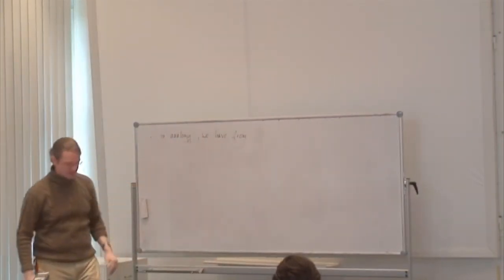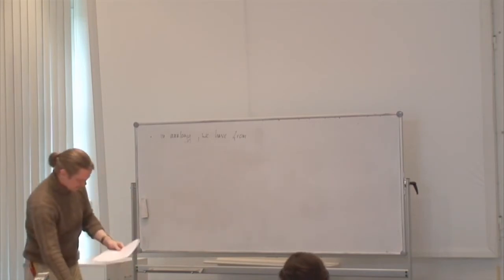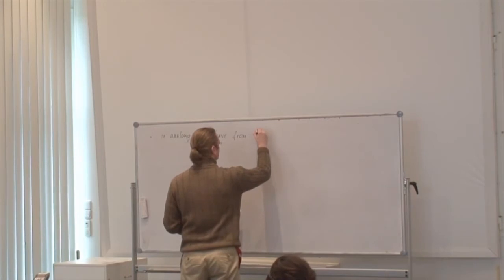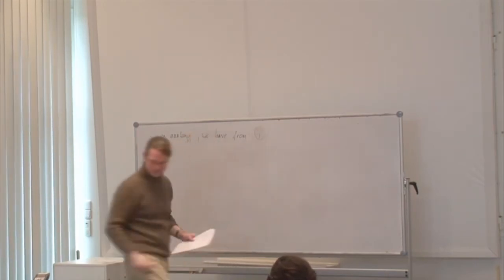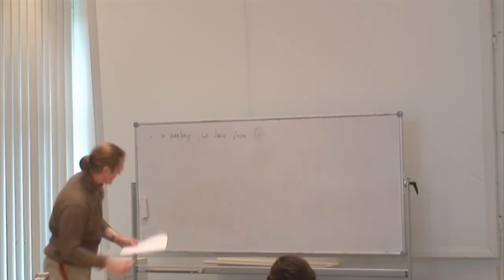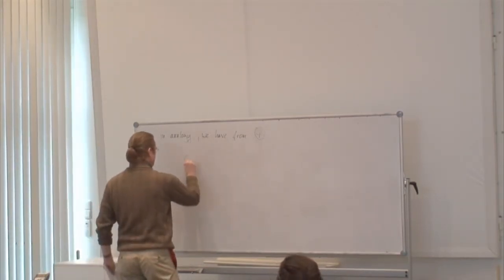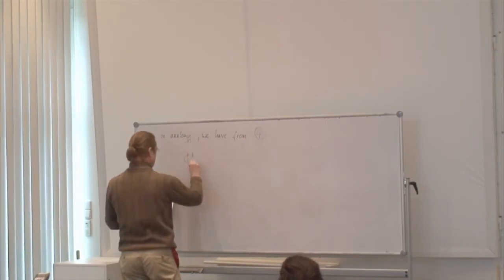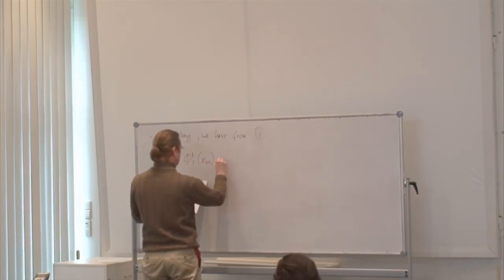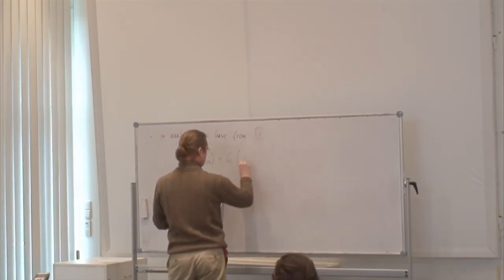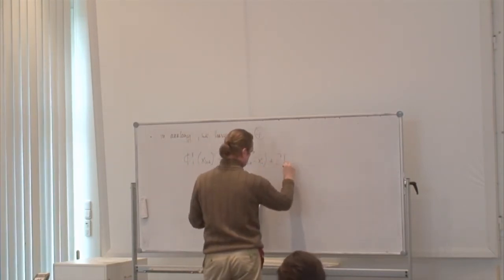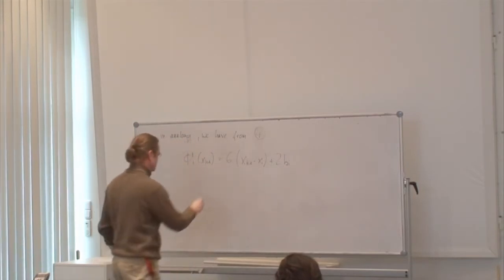In analogy, we have from equation 4 that phi_i second derivative at x_(i+1) is 6a_i (x_(i+1) minus x_i) plus 2b_i, and I'll write it just as I did it previously.